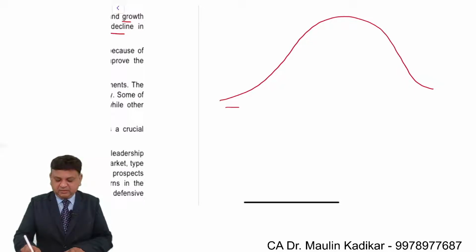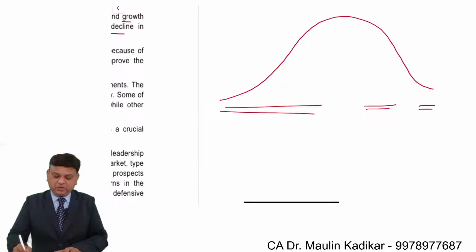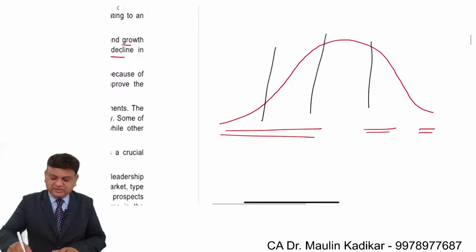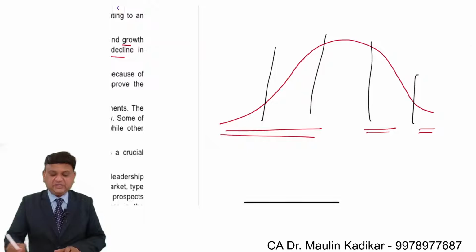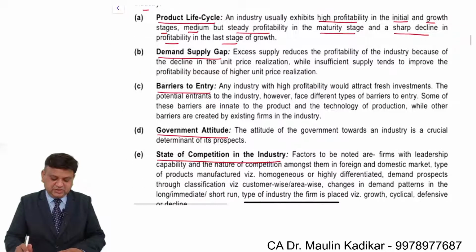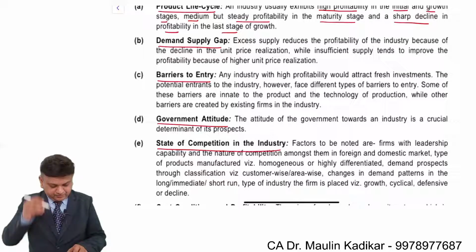So initially it will have high profitability, in maturity it will have stability, and later on it will be the lowest. So you are required to see which stage the industry is in. If it is in the initial stage or the growing stage, it is good. Otherwise, do not make investment in that industry. In short, this is the way we have to draw a conclusion.